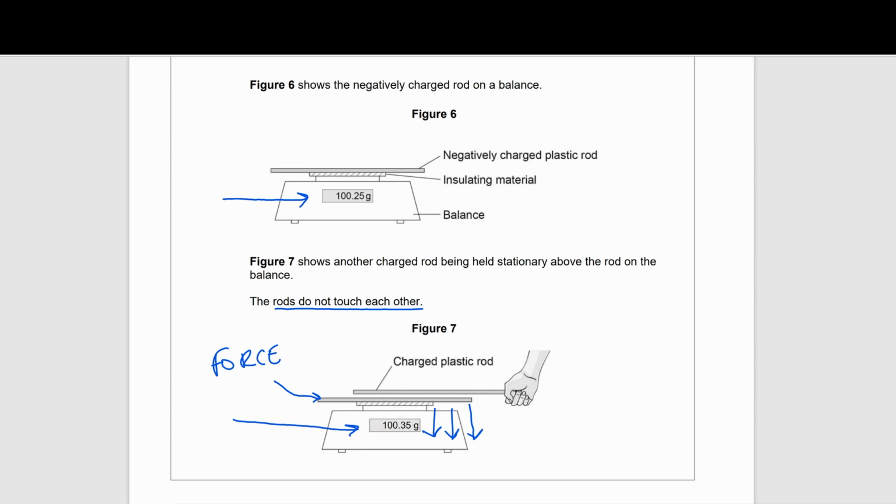So where is the force being applied from? Well, the only thing that's different now is this rod coming into play, this charged plastic rod.